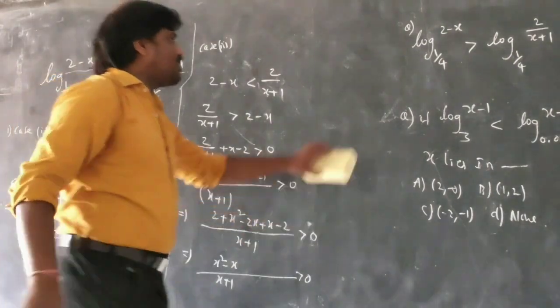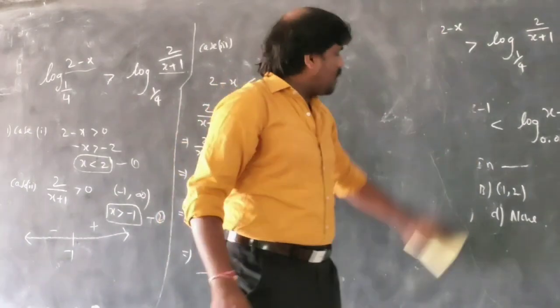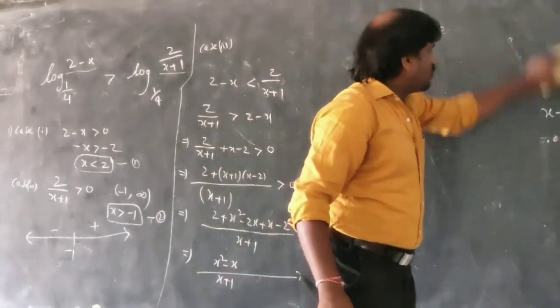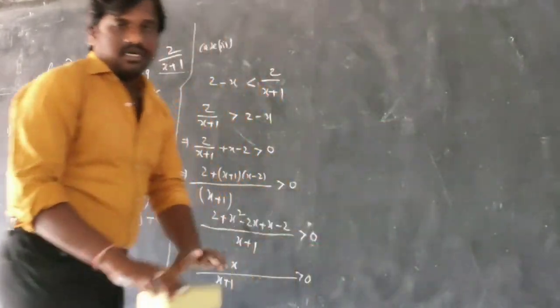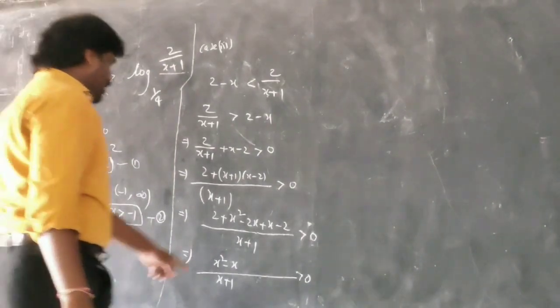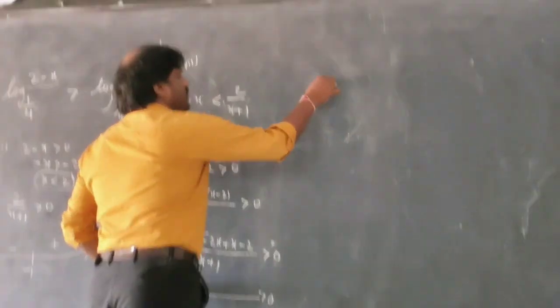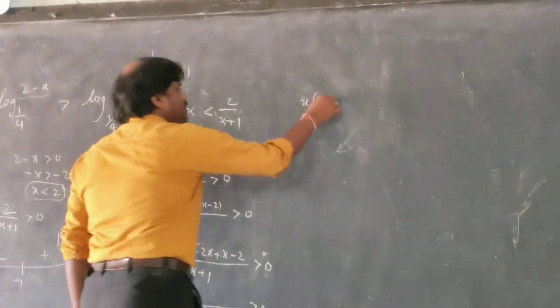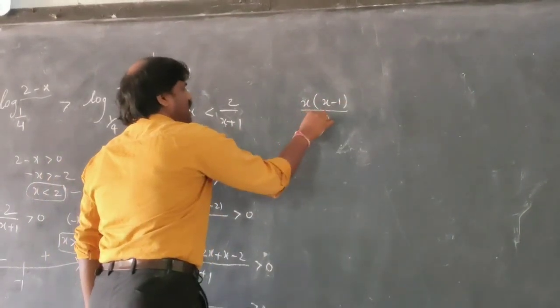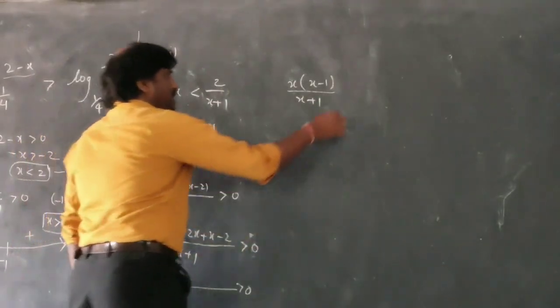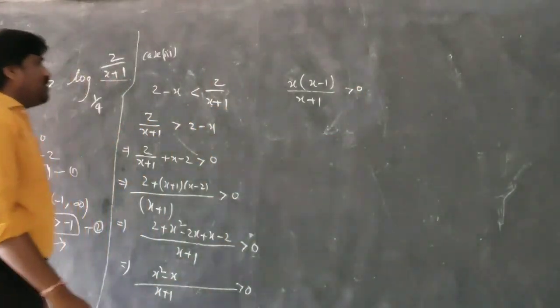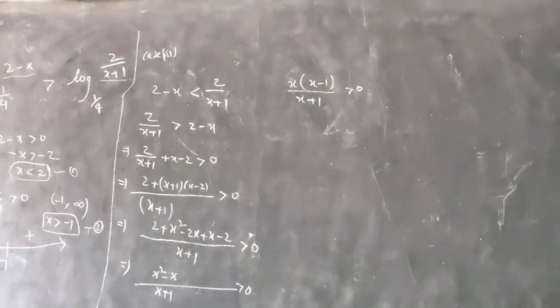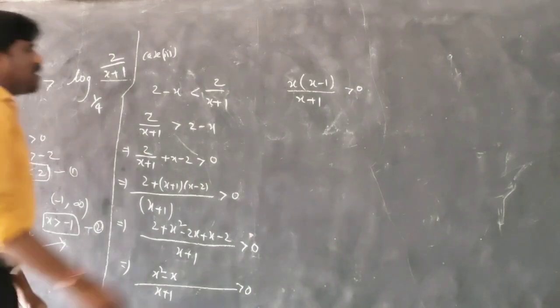See here, the solution I am doing here. Let us solve here. That solution what I am going to get is important, right? So if I take x common, I get x minus 1 divided by x plus 1, and I am going to get greater than 0. There is no change in this one, right? So let us take the answer on the number line.